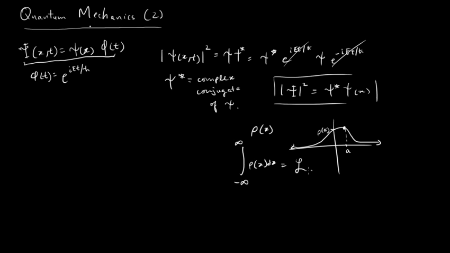Now this is important because it shows end behavior of probability density, which also in turn shows end behavior of the wave function. A wave function cannot just go to infinity because wave functions exist in a space called a Hilbert space. Hilbert space is denoted by this fancy H. I can't really draw it, but it looks something like that.